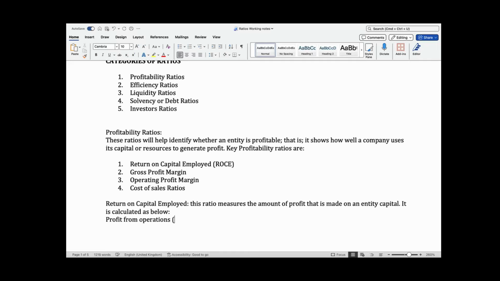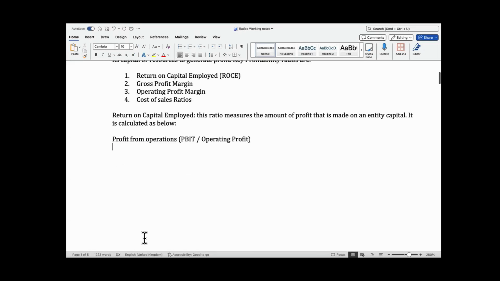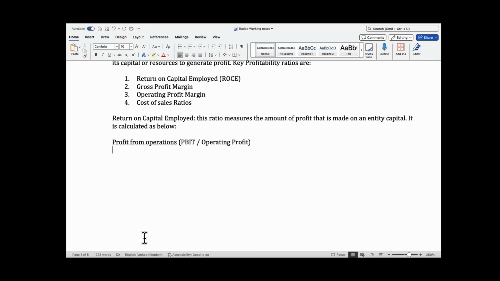And when I say profit from operations, I mean PBIT, which is profit before interest and tax, also called operating profit. This is divided by your capital employed. Now, in some questions, they would tell you what the capital is.